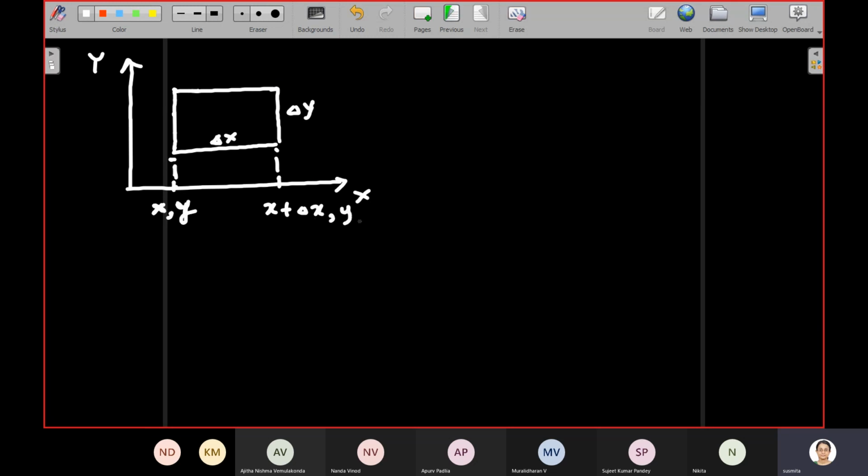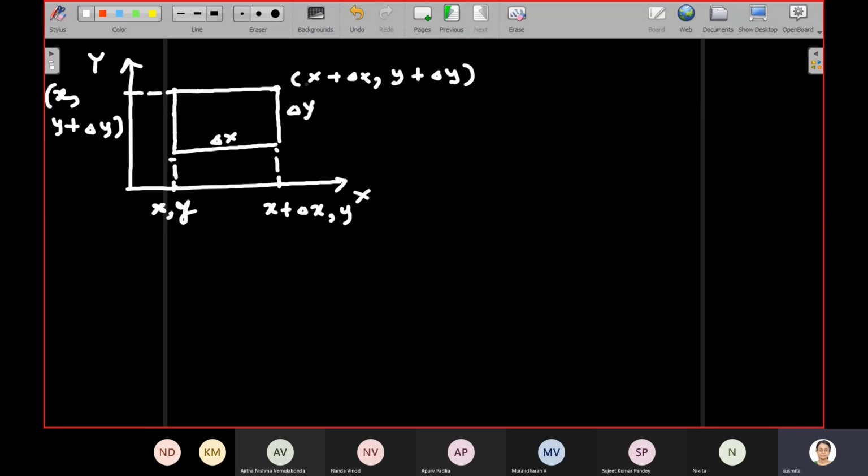The y dimension has not changed. This point is x plus delta x and then y plus delta y. And then this one is x and then y plus delta y.